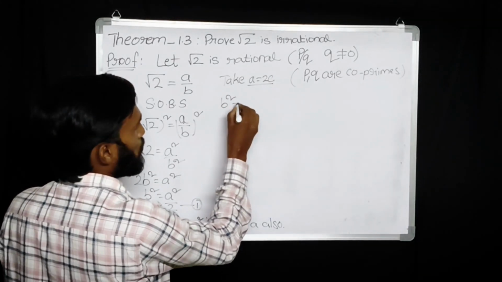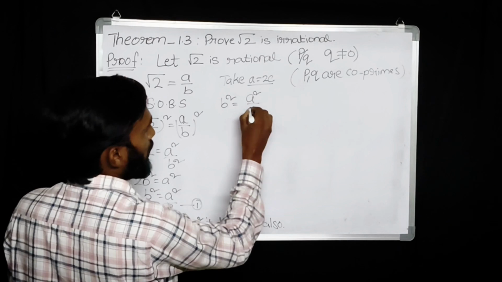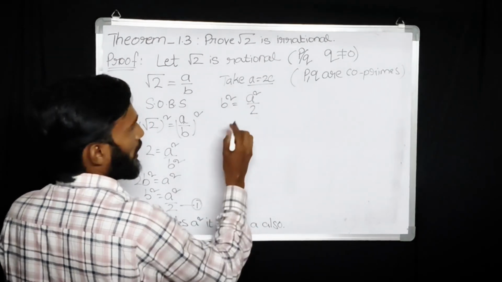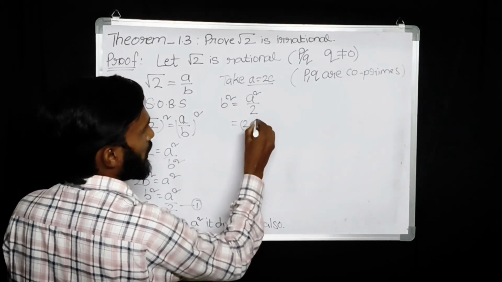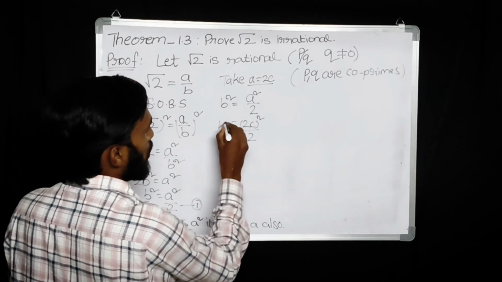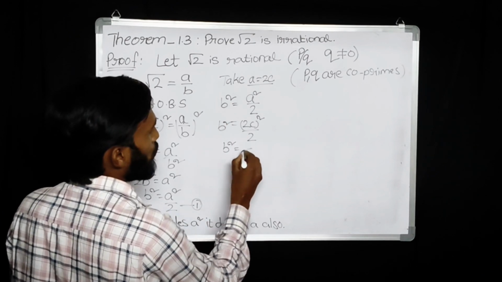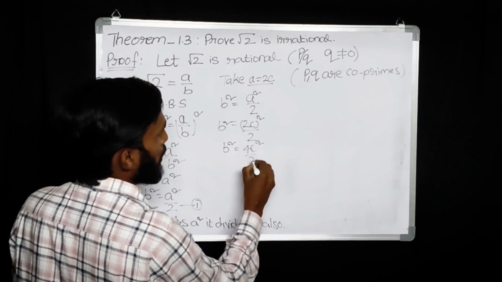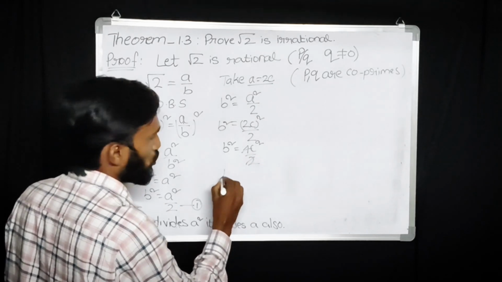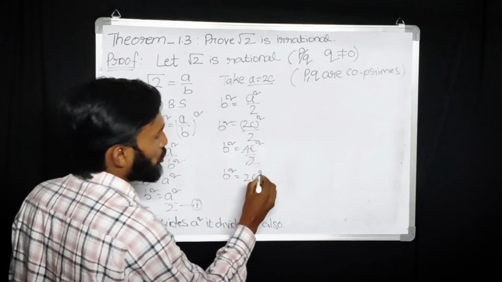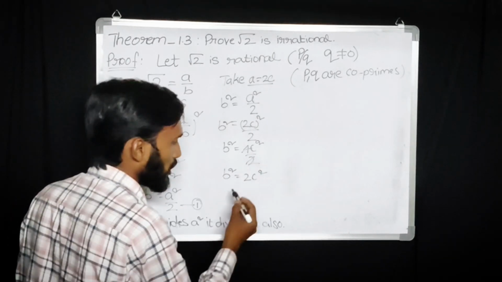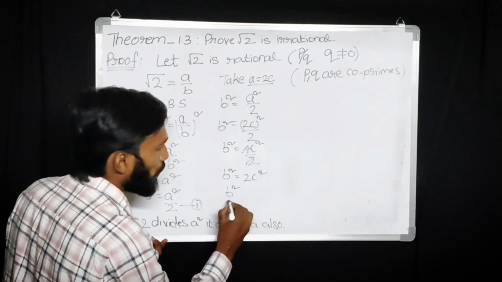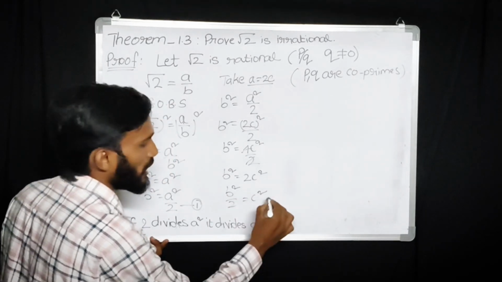That means b square is equal to a square by 2, where a square is equal to 2c whole square, so b square is equal to 4c square by 2. Here in the 2 table, 4 is 2 times, so b square is equal to 2c square, so b square by 2 is equal to c square.